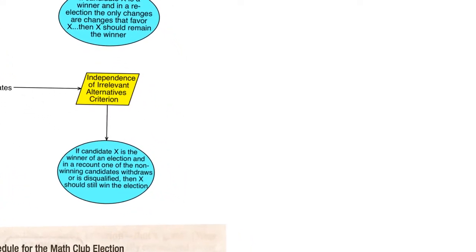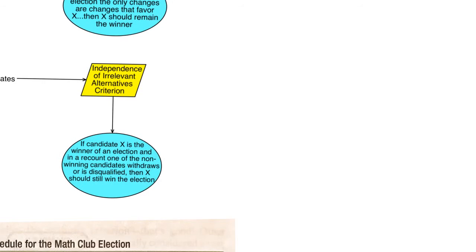In a somewhat similar fashion, the independence of irrelevant alternatives criterion is saying that if X wins the first election, and a non-winning or loser candidate leaves the election process before the recount, then X should remain the winner even after the recount.